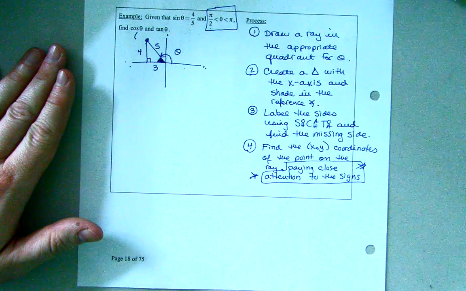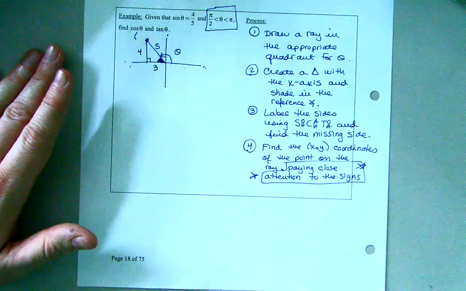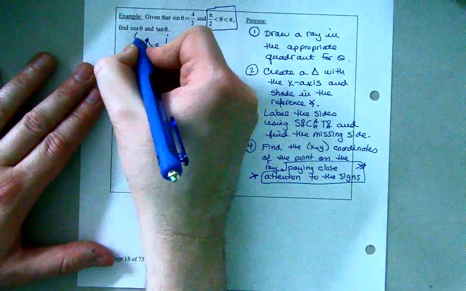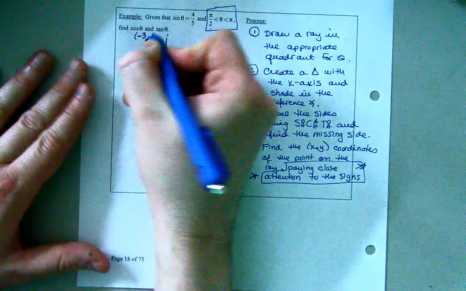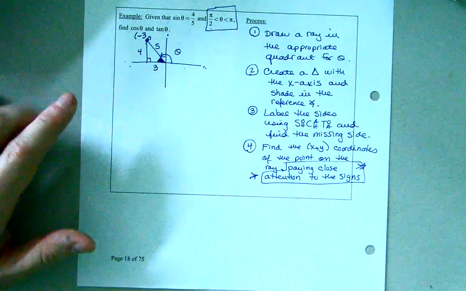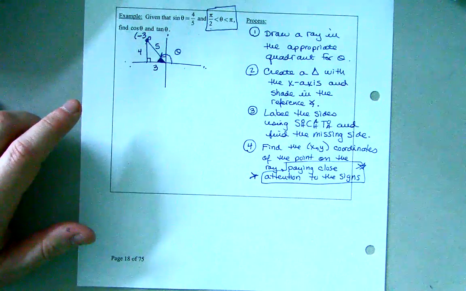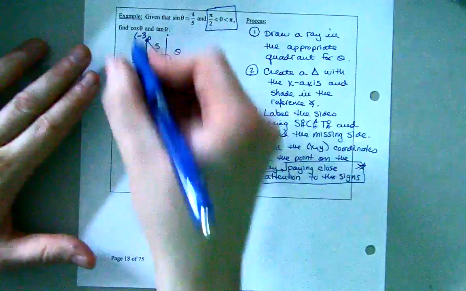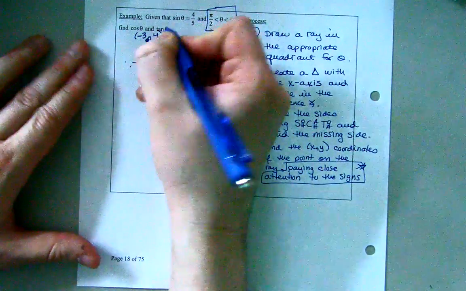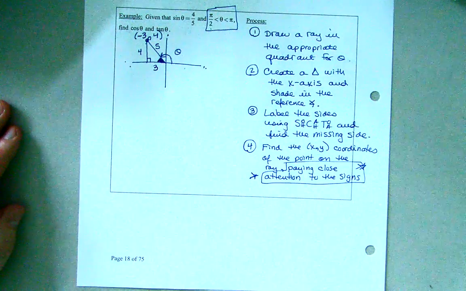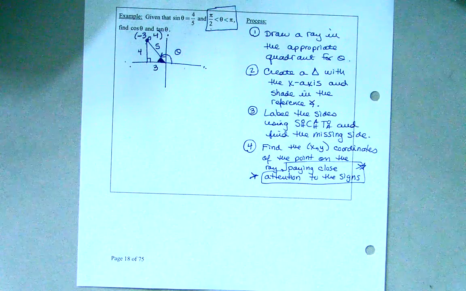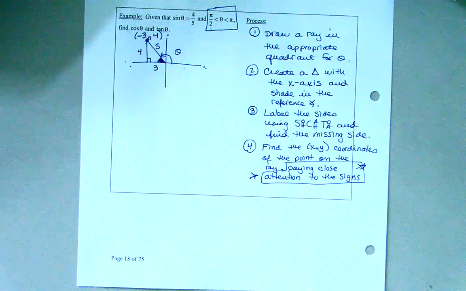It's not 3, though. It's -3 because we're moving left to get there. This is the important part. What about the y coordinate? Positive or negative? We are going up to get there, so that is +4. If we draw this out and look at it, going left would make something negative. Going down would make something negative.